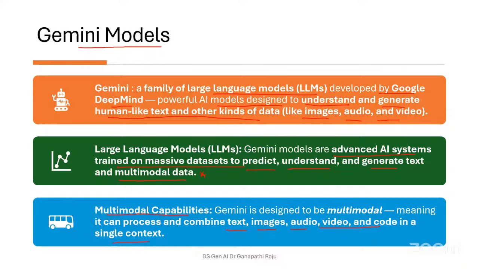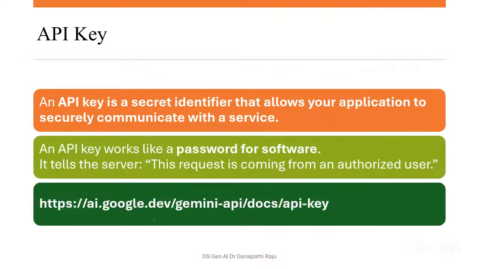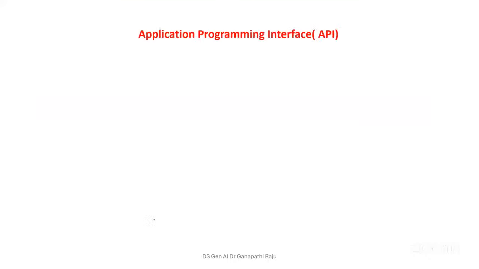Now, if you want to work with any kind of these LLMs, first of all, I will draw a small diagram. This is our local computer. Today, I will be working with some real-time applications slowly. This is our local computer. Generally, we'll call it the client. Now, actually, LLMs work on remote machines.